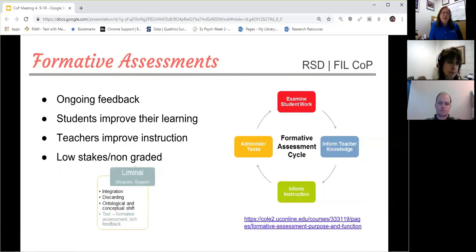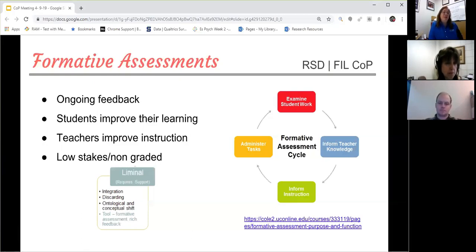And at this stage, we're in the liminal stage of the frameworks, where they're starting to discard information that they thought they knew. They're starting to integrate new information. And this is the point at which formative assessments come into play. So it's where you provide ongoing feedback for your students.